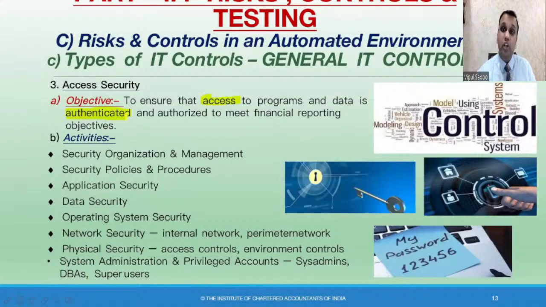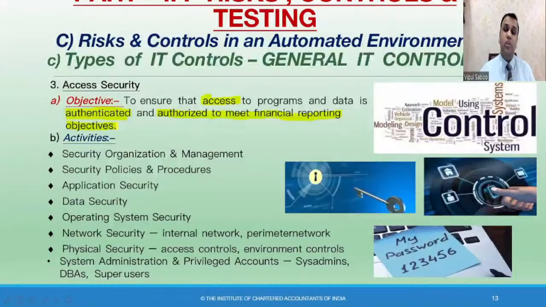By putting in a control of user ID, passwords, biometrics, retina scans, that is authentication. And authorization is that the person who passes this authentication is authorized. So access to programs and data is authenticated and authorized to meet our financial reporting. So every kind of control for us as an auditor in IT is centered around meeting financial reporting objectives.